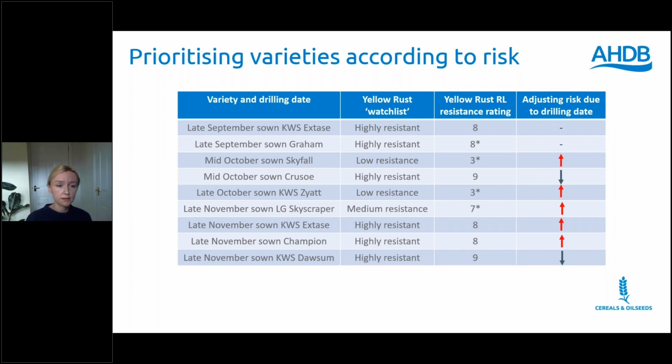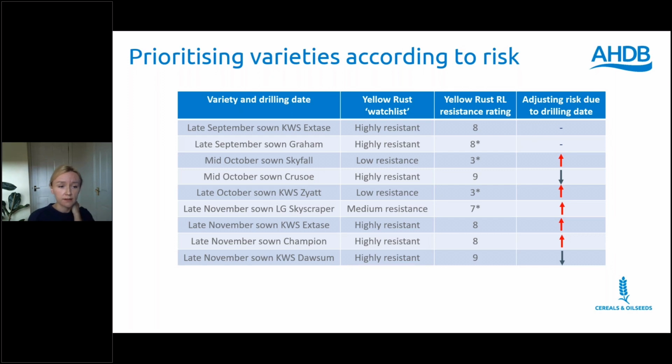So the first thing to do is think about sowing date, so think about when it was sown. The further you go, late September, October, into November, going to late November, the further you push that, even with a resistant variety, that will increase your risk. So even for something like Extase, which on the watch list is recorded as highly resistant, with a yellow rust rating of 8, if you sowed in, say, late September, the risk will stay the same as if you sowed in an earlier or mid sowing slot.